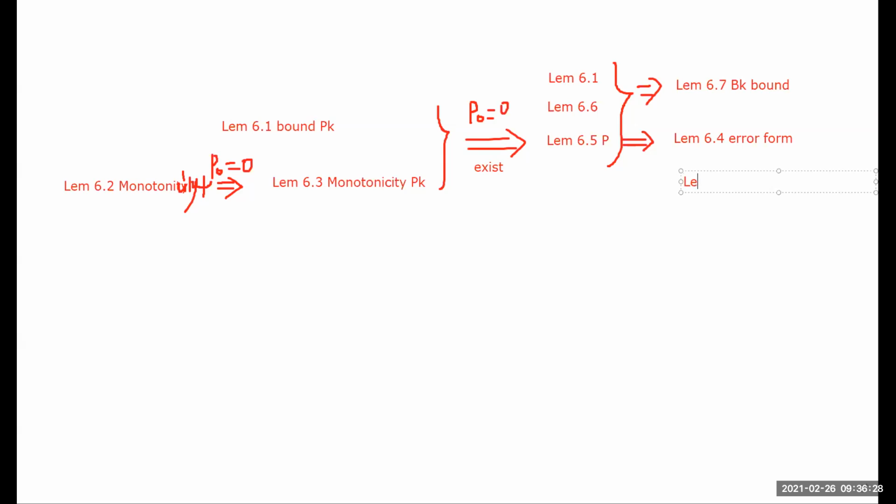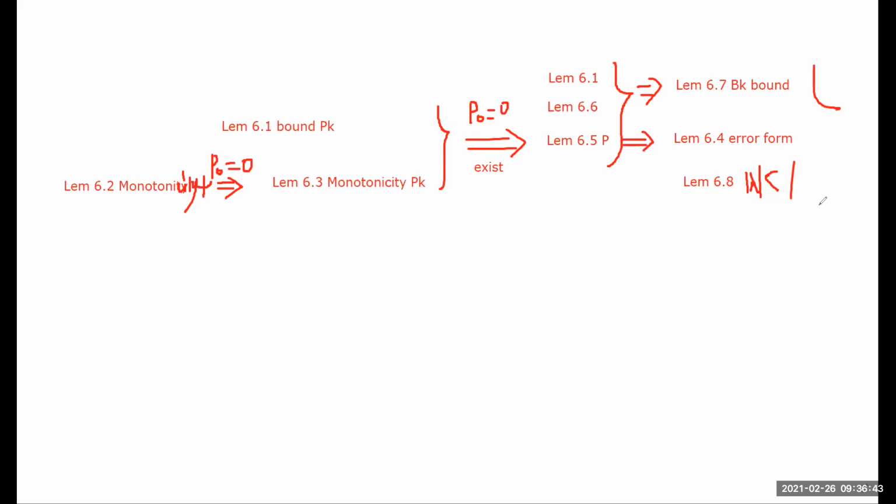So this lemma 6.8 shows the absolute value of lambda is less than 1.